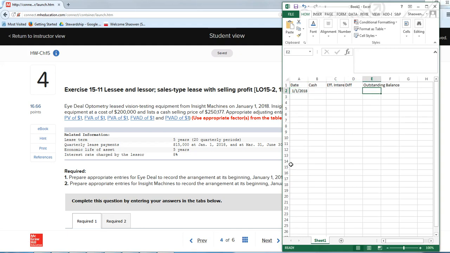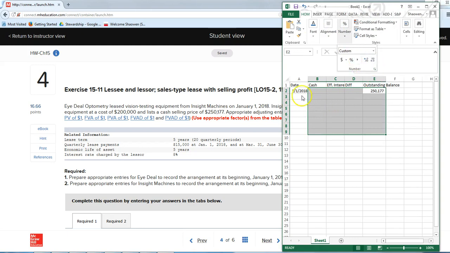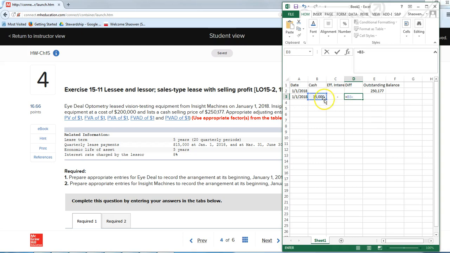Outstanding balance is the selling price, $250,177. On the same date, lessee pays lessor cash. No interest is accumulated, so the difference is still $15,000. But this payment reduces the outstanding balance.